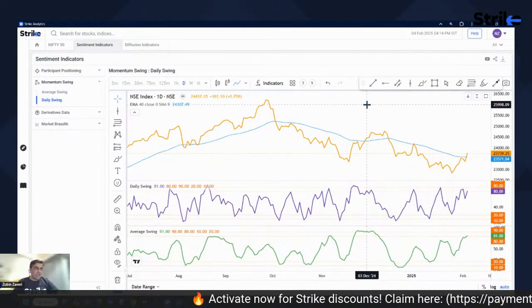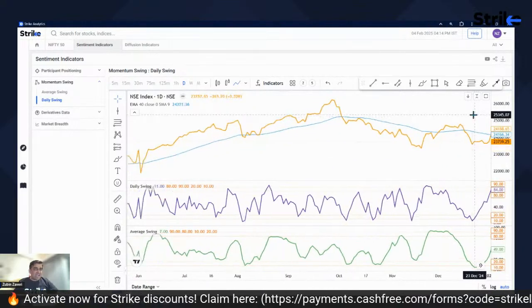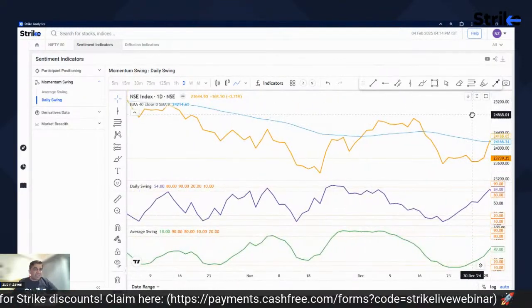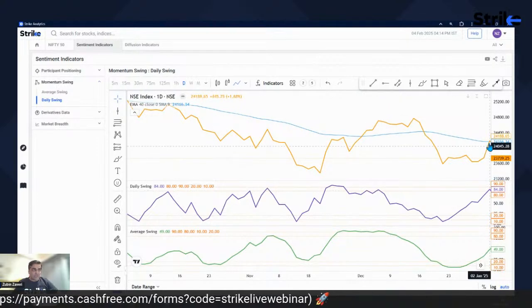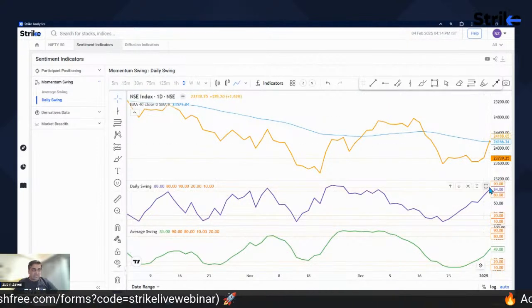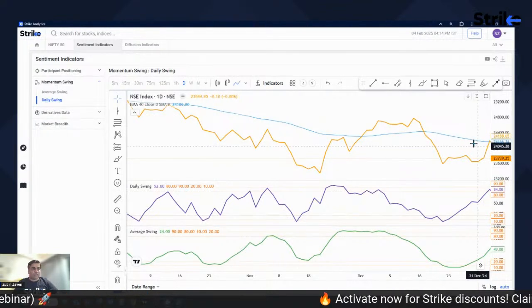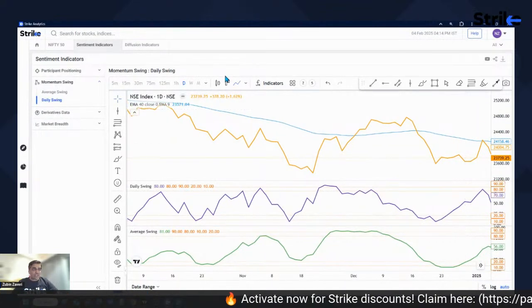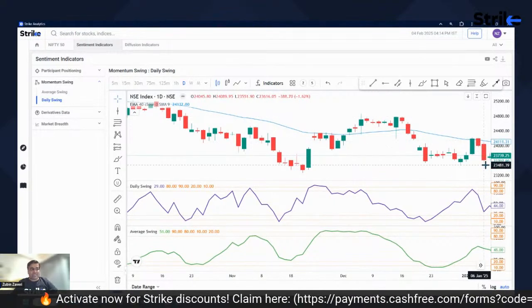Whenever the prices are below this moving average and at that time you see an extreme reading, something like this, where the daily swing indicator has gone to 84 and the prices are below, you will see a short term decline in the market.